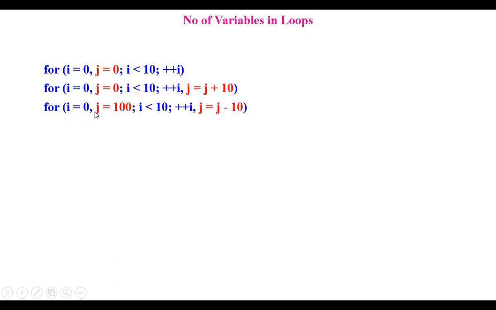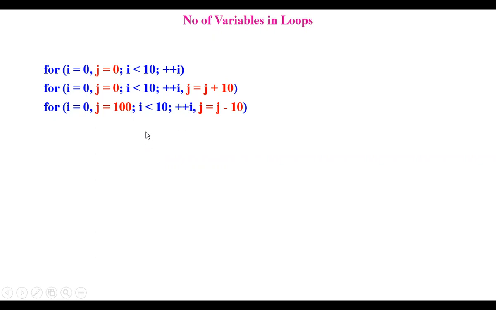Also, j can be initialized with 100 and j can be decremented by 10 every time. When the loop is rotating, what happens? The j value, initially 100, may be decremented by 10 like this, but i value is incremented.